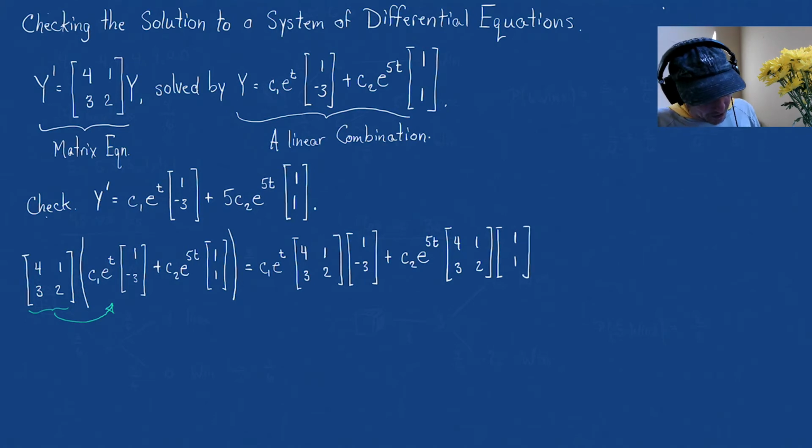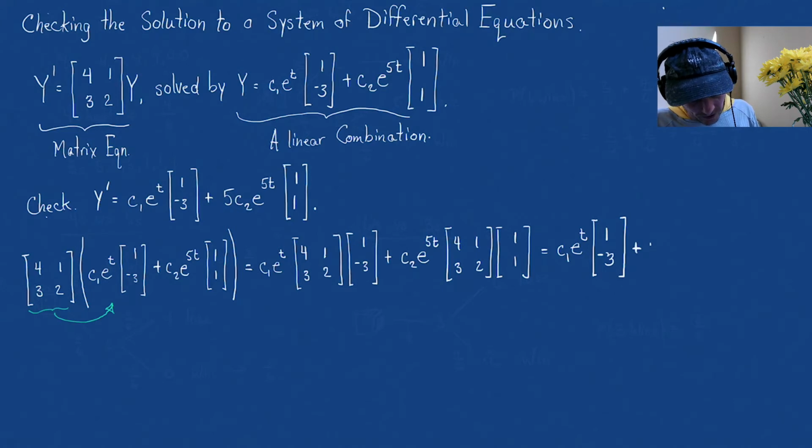Okay, well, let's continue with that. So this is equal to c1 e to the t. Now, notice this. If I take 4 times 1, I get 4. I subtract 3, that's going to be 1. And then if I take 3 times 1, I get 3, and 3 minus 6 is going to be a minus 3.